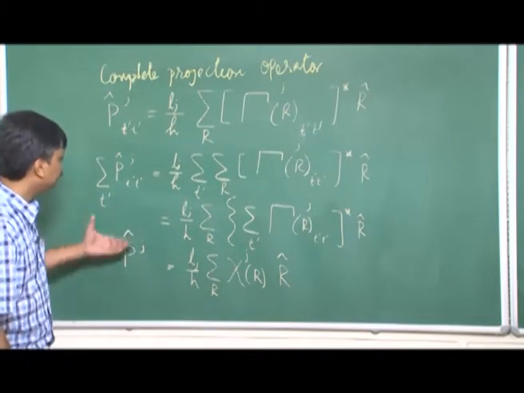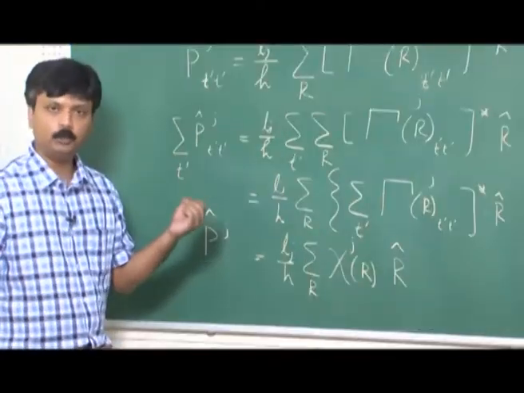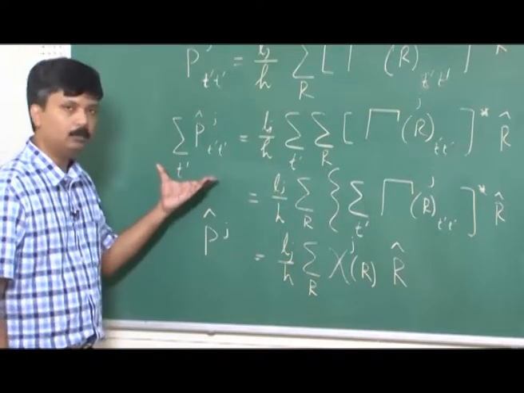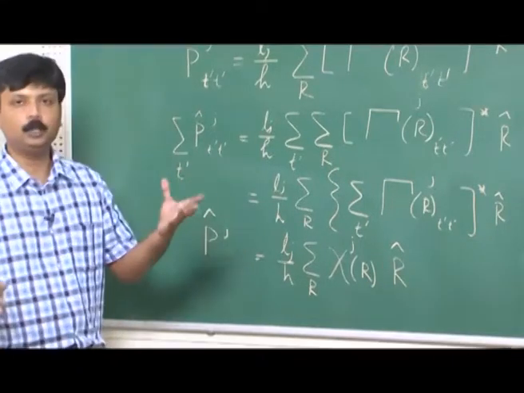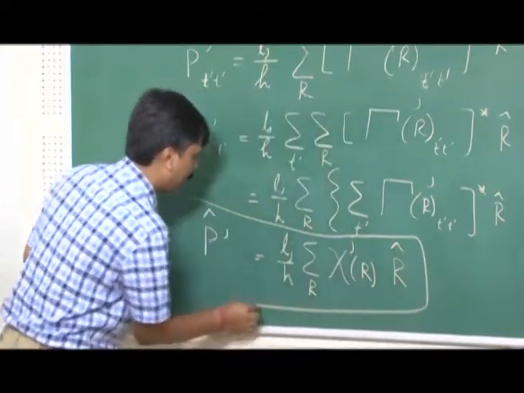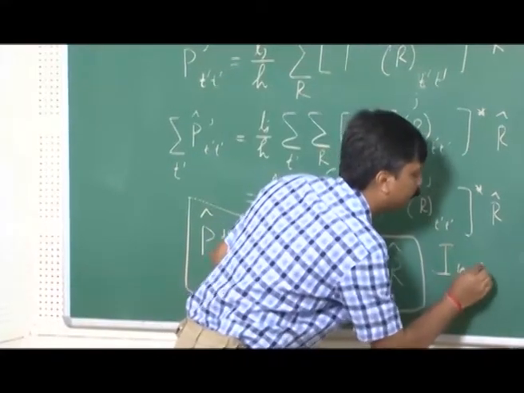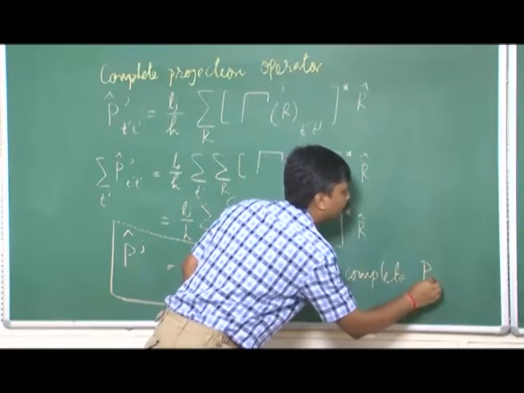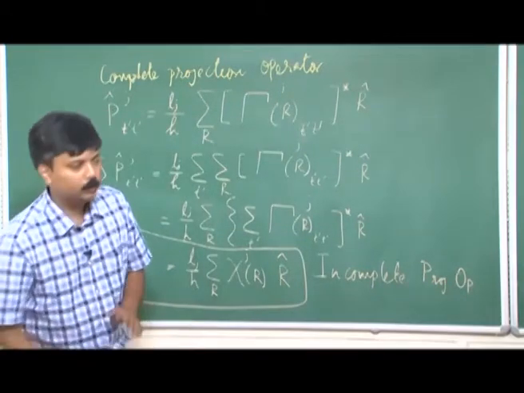Because this is nothing but the sum of all the individual projection operators that you can form, and the complete set will form a complete projection operator. So this is my expression for the so-called incomplete projection operator, right.